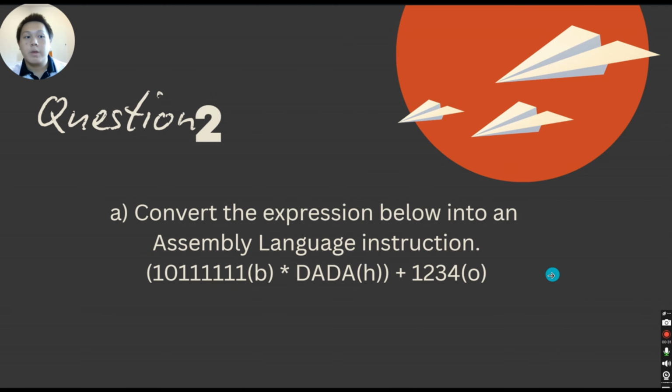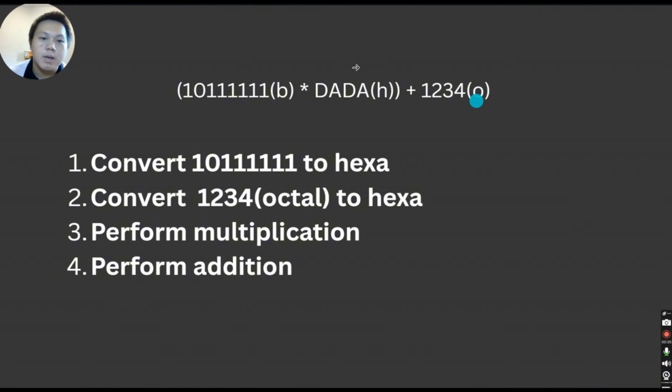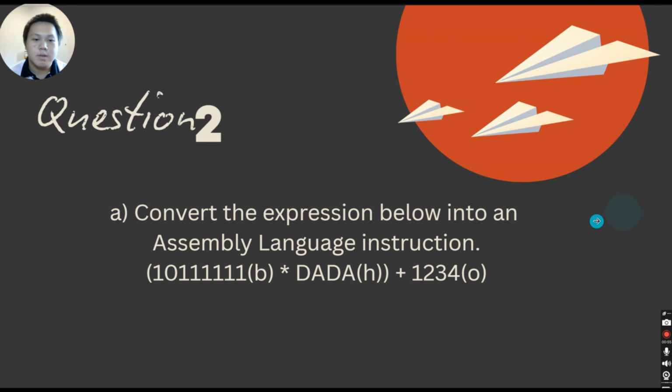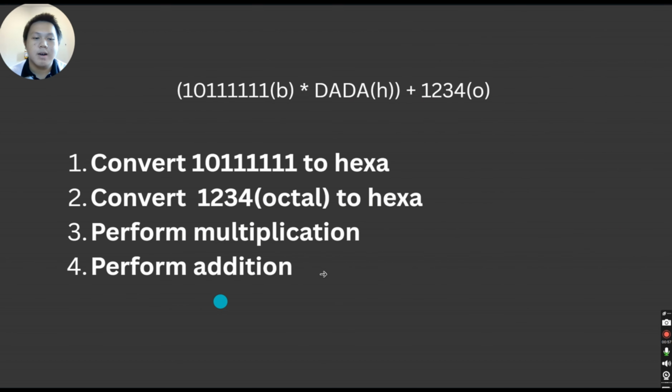So what we're going to do, let me proceed to the next. The first thing is to convert the binary into hexa. After that, we also convert the octal into hexa as well, so we can perform the multiplication and the addition.